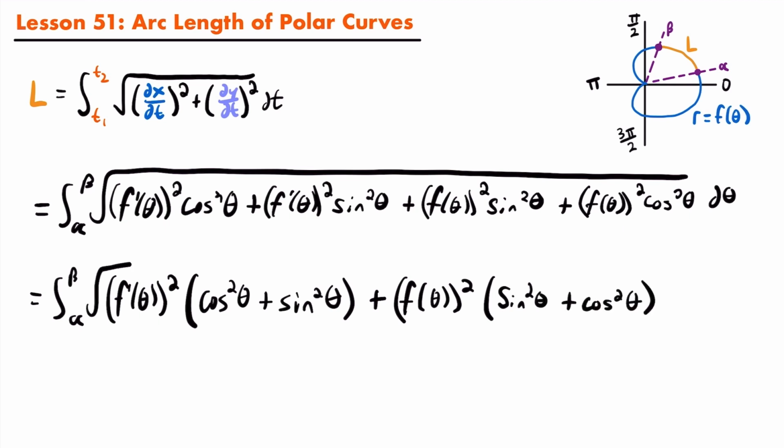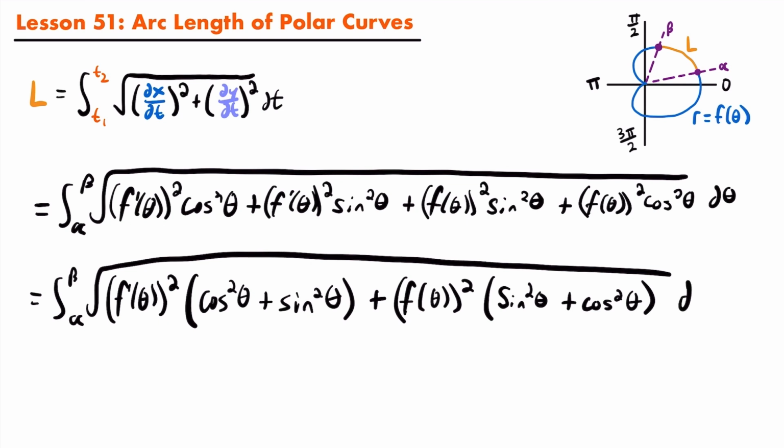And so that's all still under a square root, and then don't forget d theta. All right, so now we pulled f prime of theta squared out of these two terms, so if we pull it out, we're just left with cosine squared theta and sine squared theta, and we pulled f of theta squared out of these two terms, so now we're just left with sine squared theta and cosine squared theta.